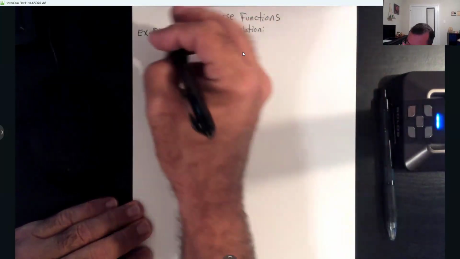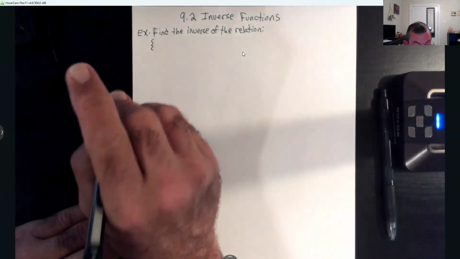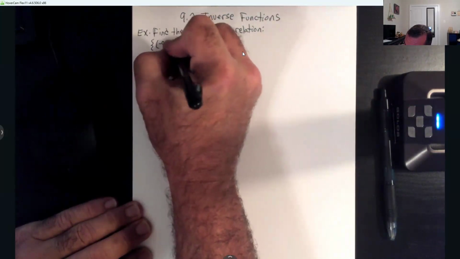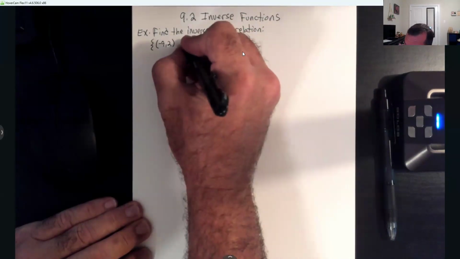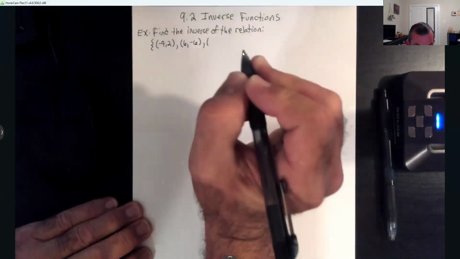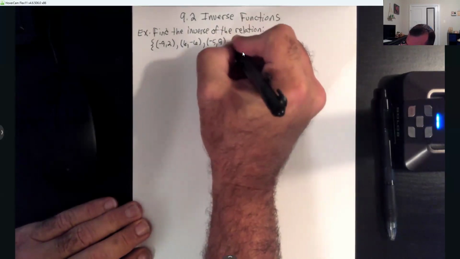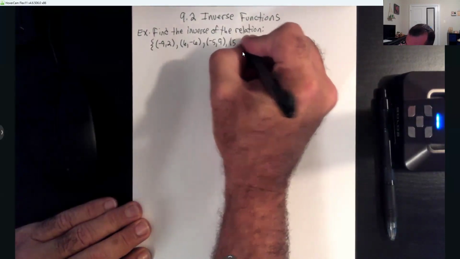So y'all, the relation set they're giving us is a set of ordered pairs. So I got the first point is -9, 2. Then I have 6, -6, -5, 9, and then 5, -5.